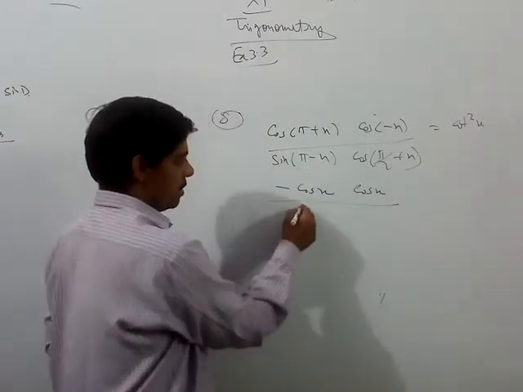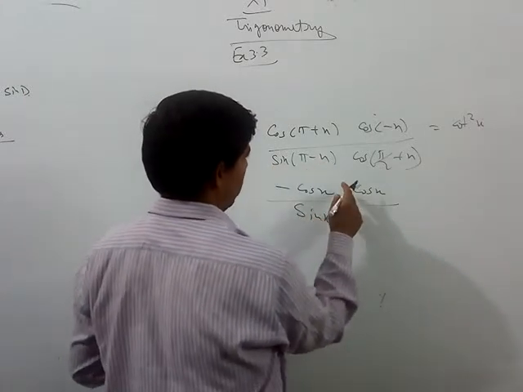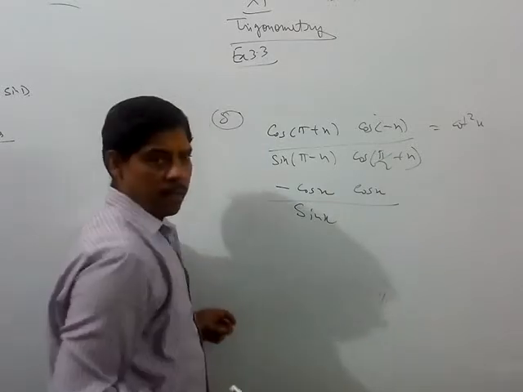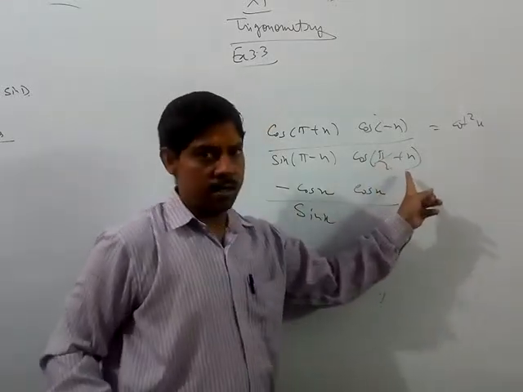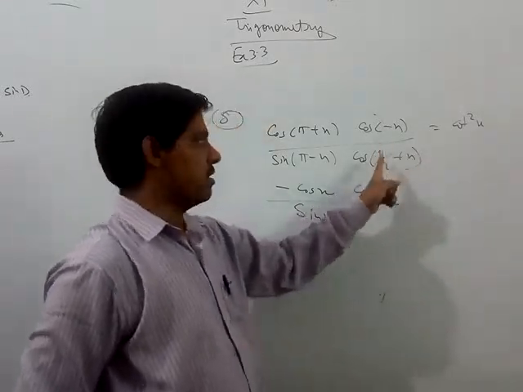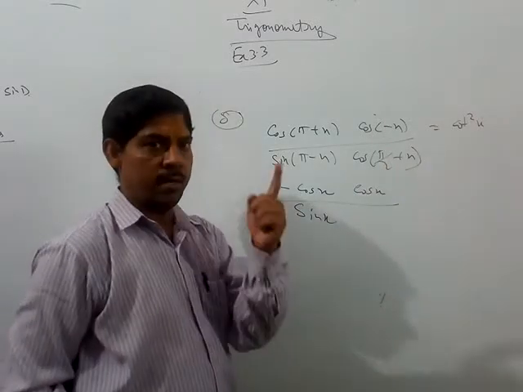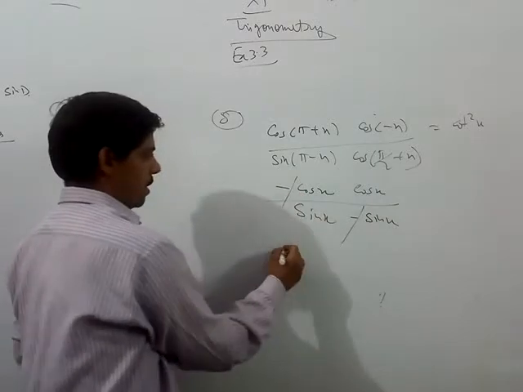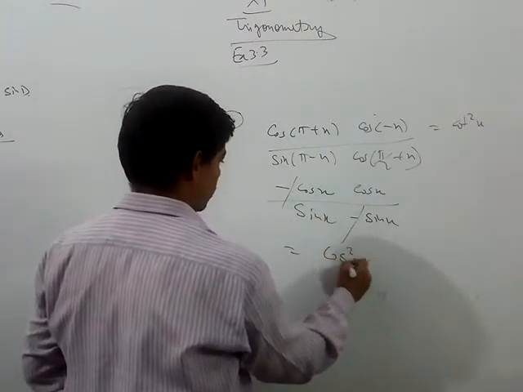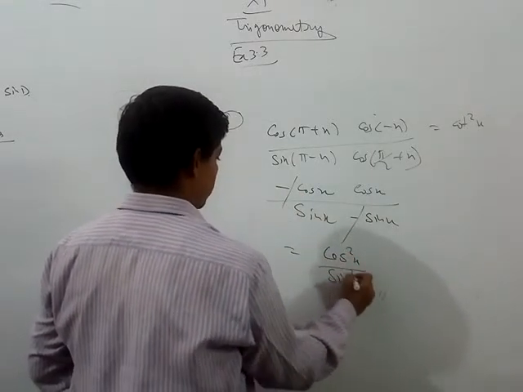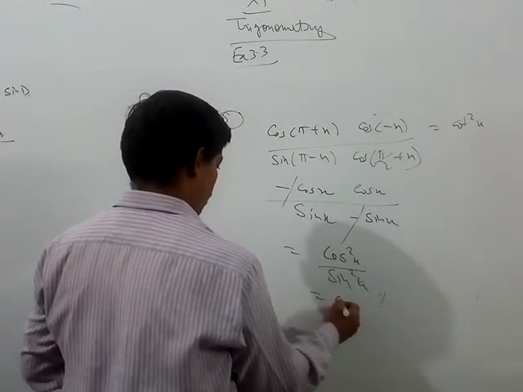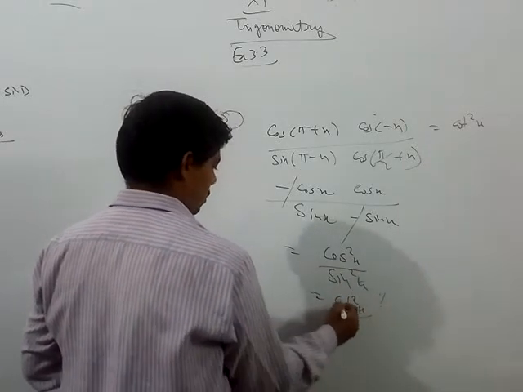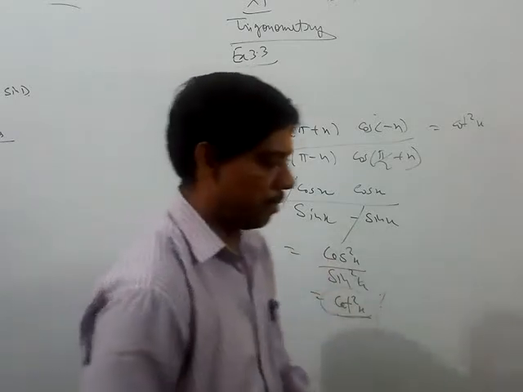Sin(pi minus x) is sin x. And for cos(pi by 2 plus x), this is the second quadrant and it changes to sin, and cos in the second quadrant is negative, so this is minus sin x. This minus and minus are gone. You are writing cos square x upon sin square x, and cos upon sin is cot. So this is cot square x, hence proved.